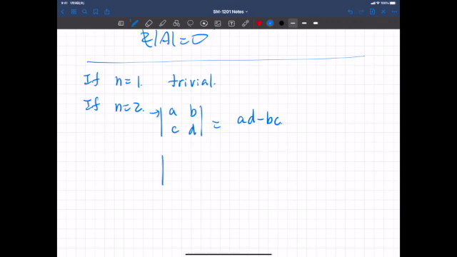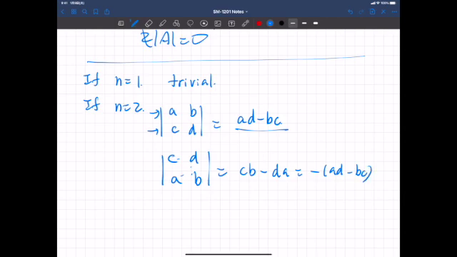And if we swap the first row and the second row, we have C, D, A, B. And then the determinant of this matrix is CB minus AD, right? So CB minus DA, which is minus of this, right? So that's minus (AD minus BC), which is minus the determinant of the original matrix. So the claim is true for 2 by 2 matrices.